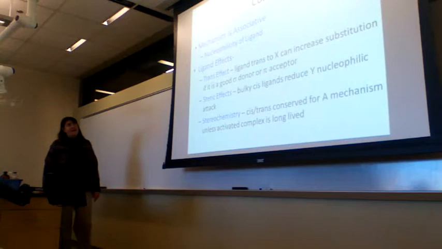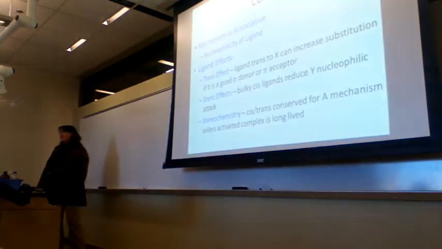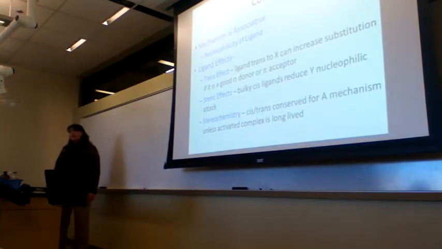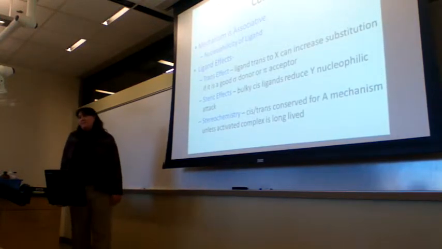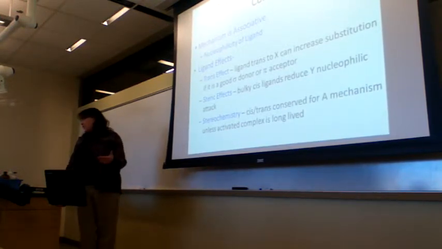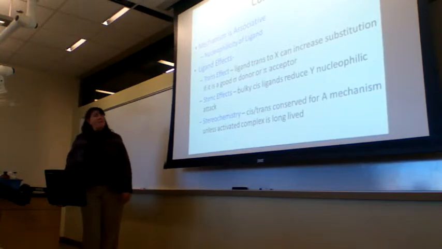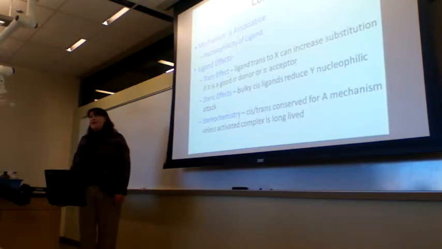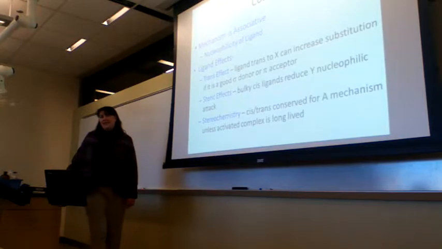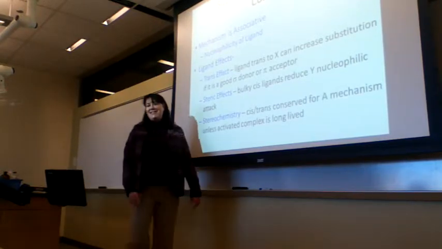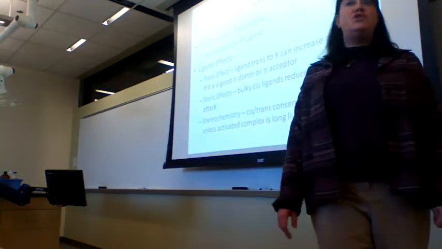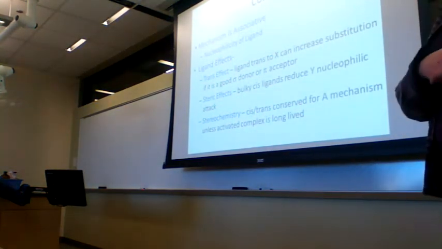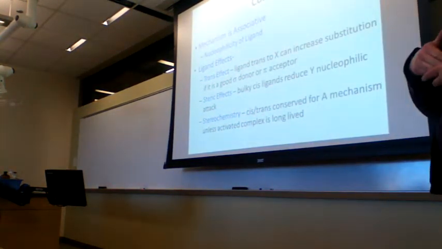Square planar complexes, because they only have 4 ligands, almost always go by associative mechanisms. Then they can go to a coordination number of 5 very easily. Because it's associative, the nucleophilicity, how good of a nucleophile you have, matters greatly, because adding the nucleophile is one of the rate determining steps.